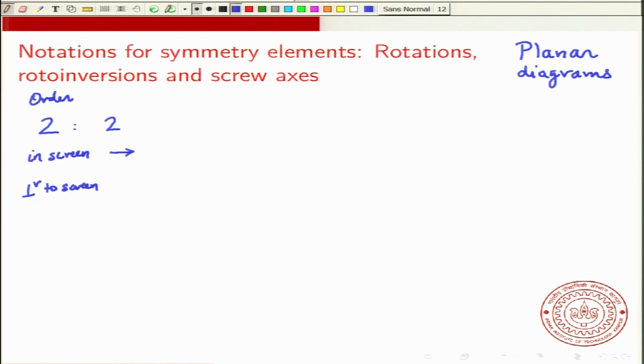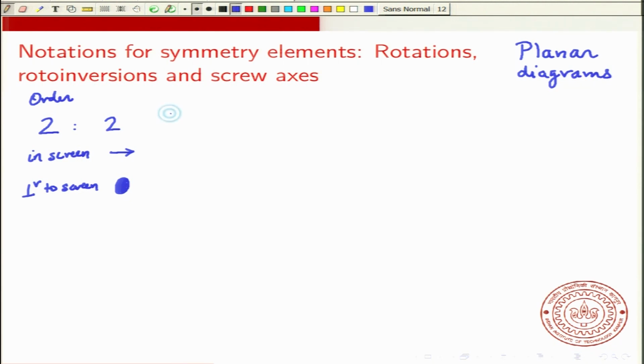So that represents a two-fold axis of rotation that is in the page. A two-fold axis that is perpendicular to the screen is shown by an oval that is filled. So an oval that is filled is used to show that there is a two-fold axis that is perpendicular to the screen.